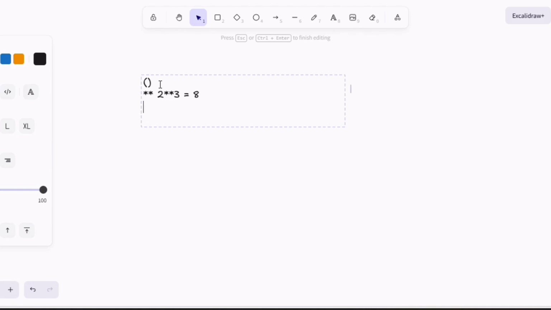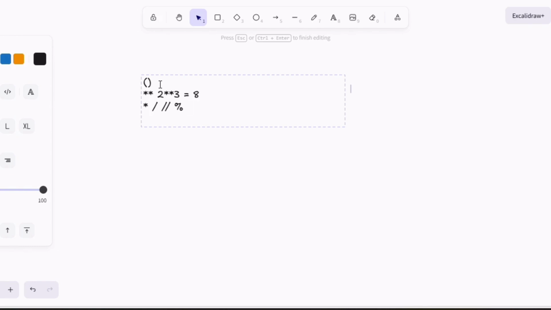Next is the multiplication and division group. The multiplication and division group includes multiplication, division, floor division and modulus. So if you see any of these operators, these are part of your multiplication and division group, and they hold the same precedence, and because they are holding the same precedence, you will solve them left to right.